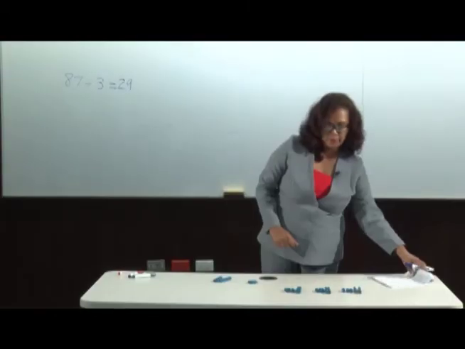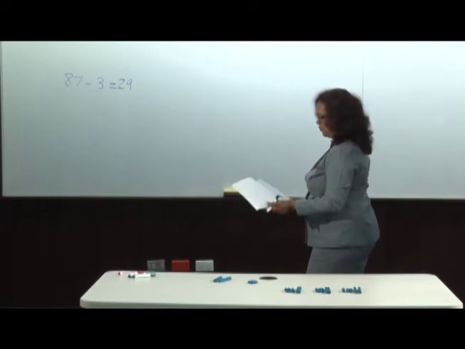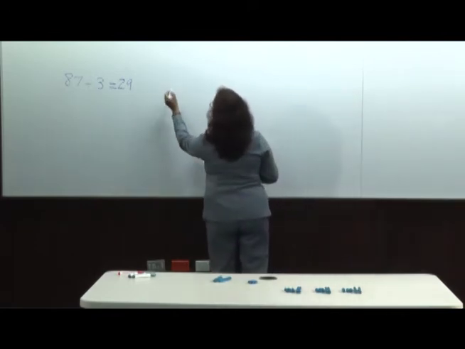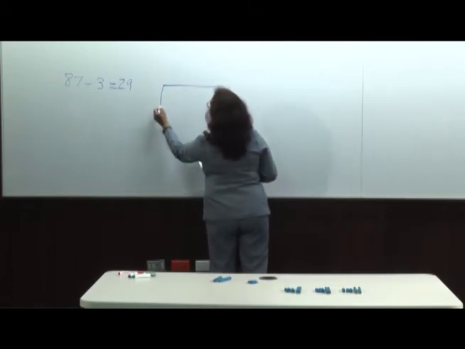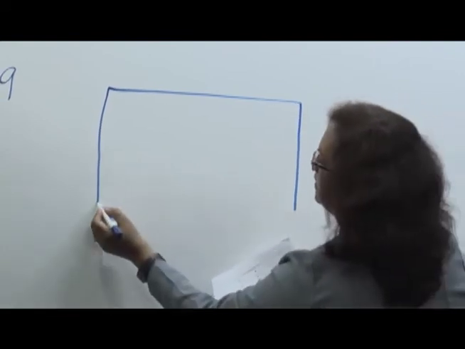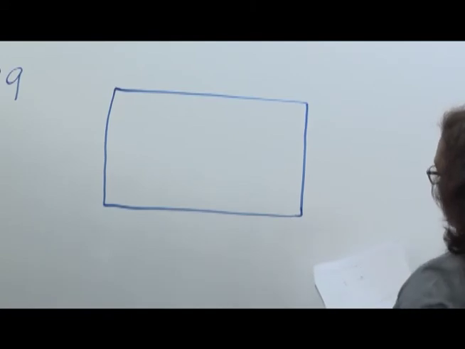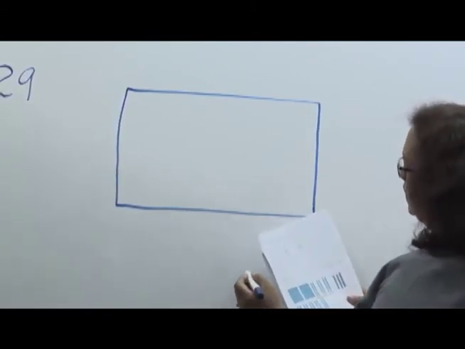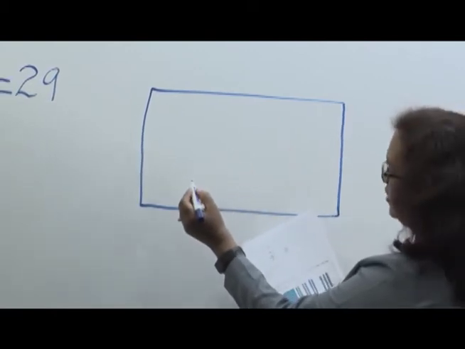I now want to represent this another way. So to do that, I will draw a rectangle. It's the area model, so I'm using a rectangle. And in that rectangle, I'm going to put in the dimensions that I have.